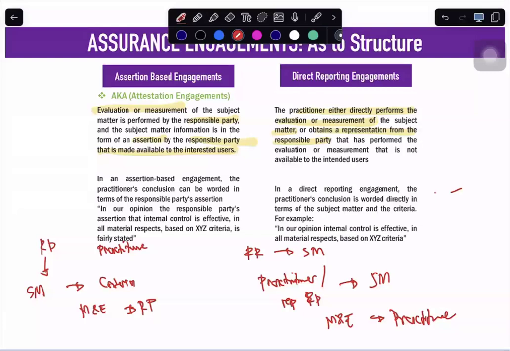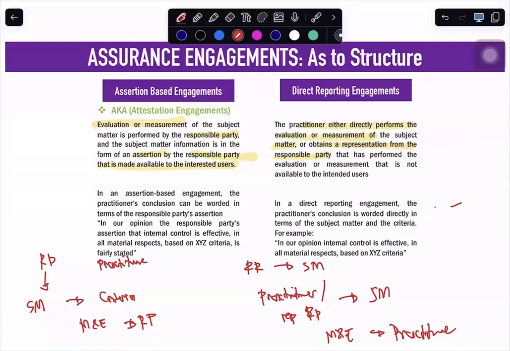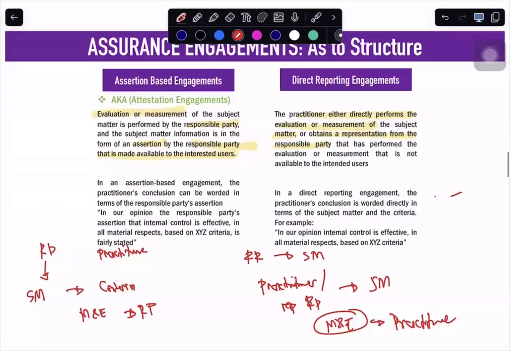So, initially, you can already provide assurance based on what you have already measured and evaluated. However, in assertion-based, always remember there's an assertion first, and that assertion is through subject matter information. Based on that subject matter information, we look into the degree of correspondence to a criteria and provide a conclusion thereof. So in an assertion-based engagement, always remember the conclusion is based on the responsible party's assertion. While in direct reporting, the conclusion is based on the subject matter and the criteria.